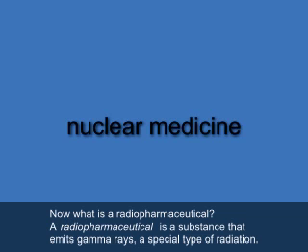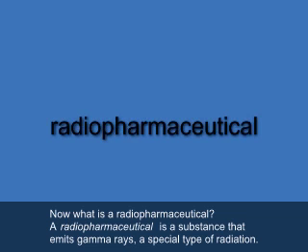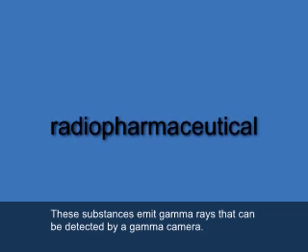A radiopharmaceutical is a substance that emits gamma rays, a special type of radiation. These substances emit gamma rays that can be detected by a gamma camera.